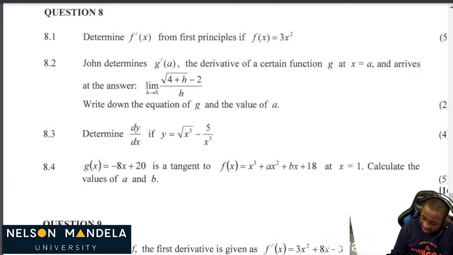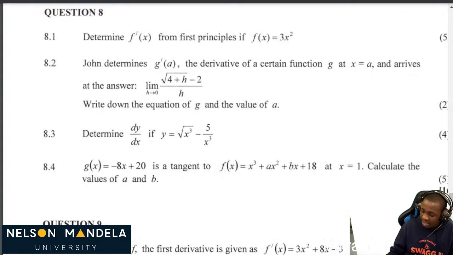As I mentioned earlier, guys, the gradient of the tangent is equivalent to f prime, or the first derivative of x at that specific x point.